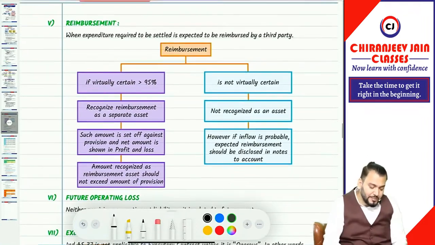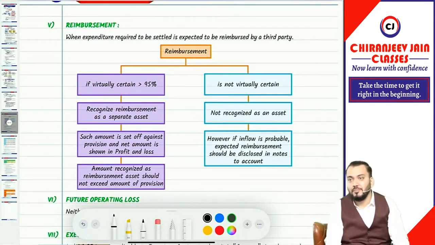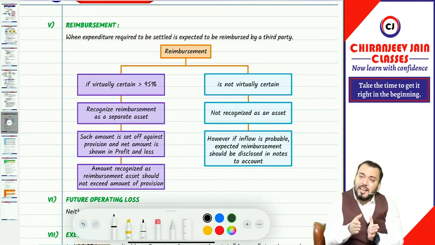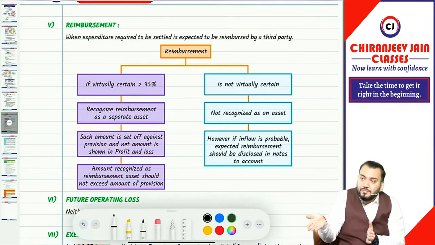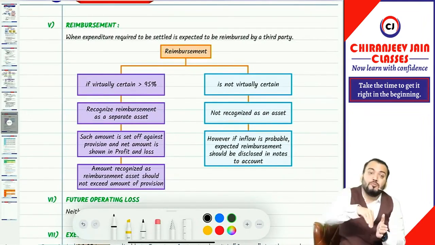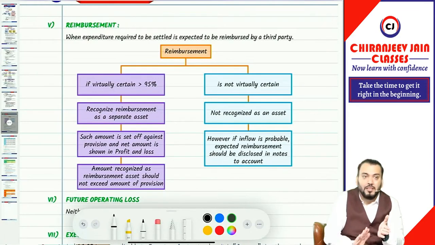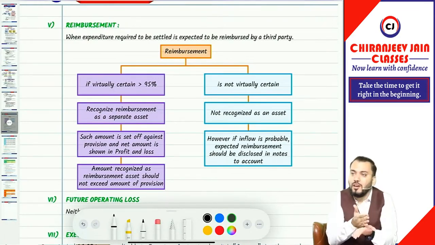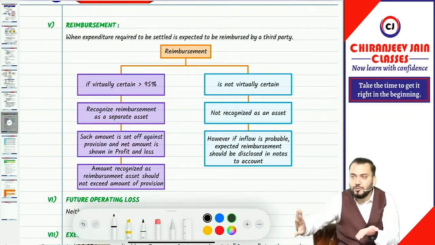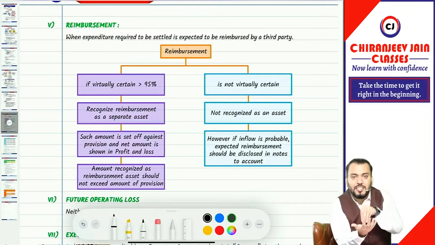Correct. First special point is what? Reimbursement. Reimbursement means, if whatever expenditure will be incurred in future to settle the obligation for which you have created a provision. Provision means any obligation arising from a past event which will be settled in future through outflow of resources. So for that expenditure you have created a provision if all the 3 conditions are satisfied.